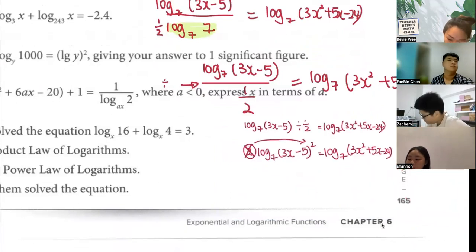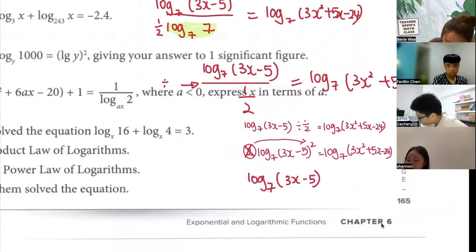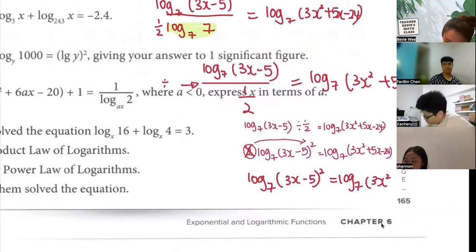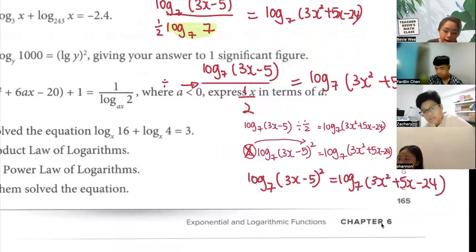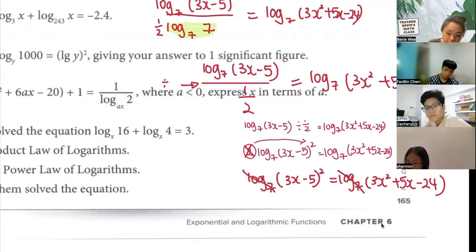Okay, let's do that. I'm left with log 7, 3x minus 5 whole thing squared equals log 7, 3x squared plus 5x minus 24. From here, I can drop the log. Remember, whoever is still pulling in the square like that for me, please attend my Sec 2 class.